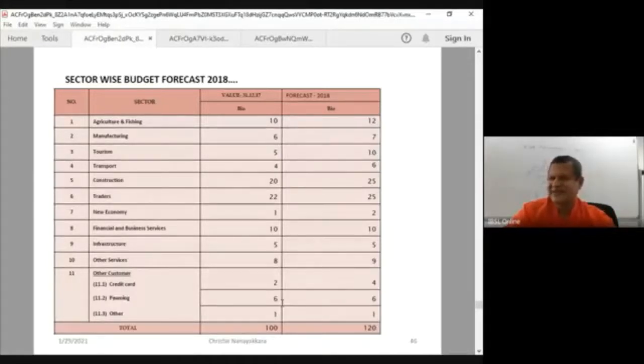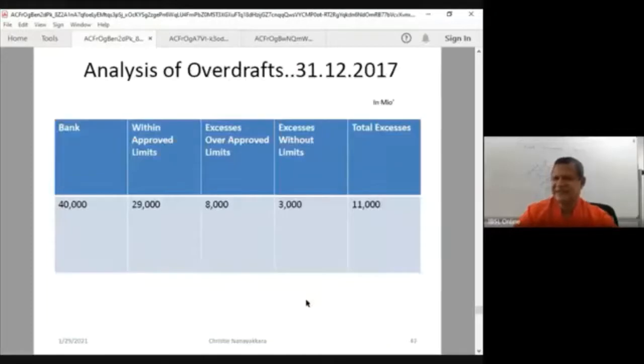You will not lend, let's say, to construction more than 25 billion in the following year. This is what we call industry classification, and the limit set on lending to that particular industry. That way we could minimize our concentration risk, because we have industry limits.